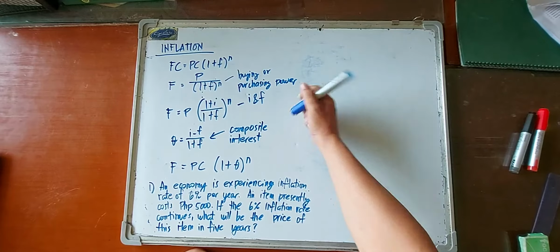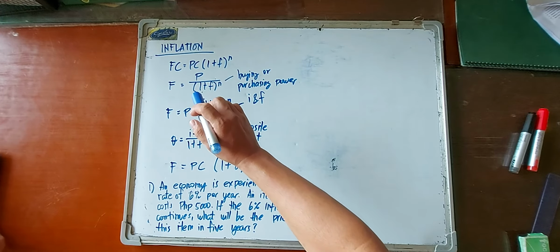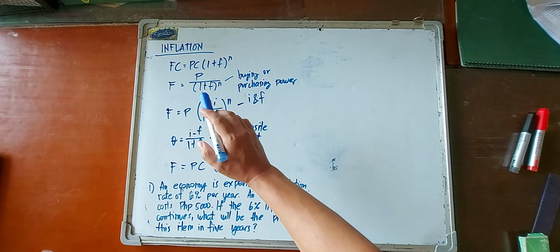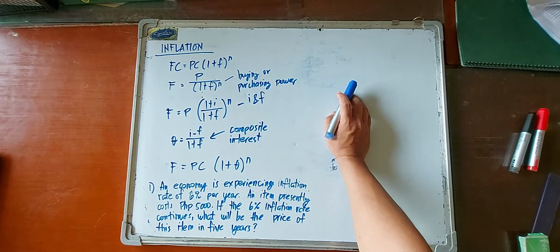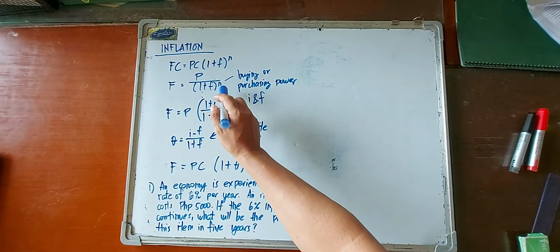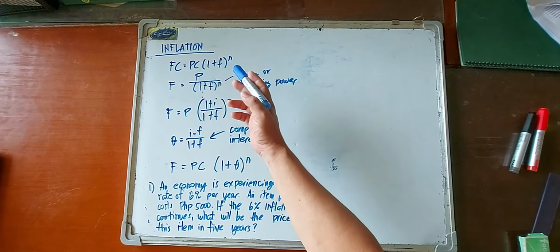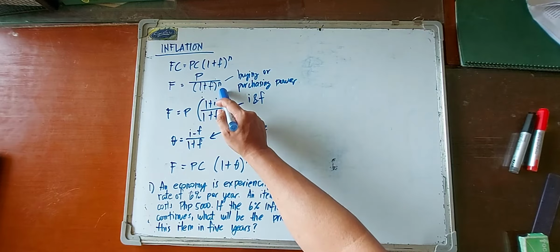Okay, so ito naman yung the next formula is since inflation affects the purchasing power of money, yung pera natin, so we can compute the future purchasing power or future value ng pera natin in terms of with the effect of inflation.